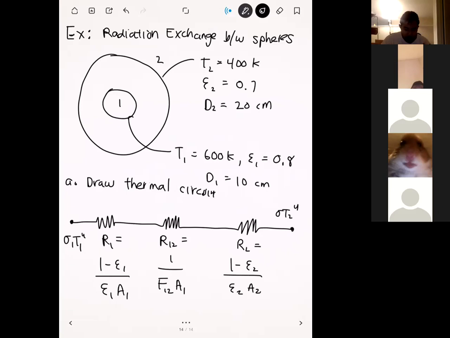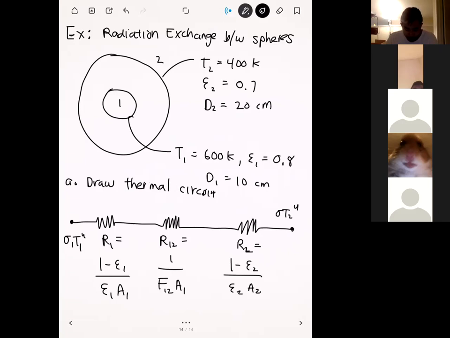And so we have our 3 resistances. R1 is equal to (1 minus epsilon 1) over (epsilon 1 A1). Then we have the exchange resistance, which is equal to 1 over A1 F12, where F12 is the view factor from surface 1 to surface 2.